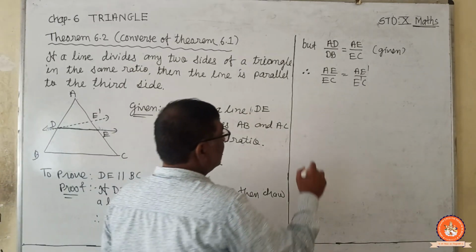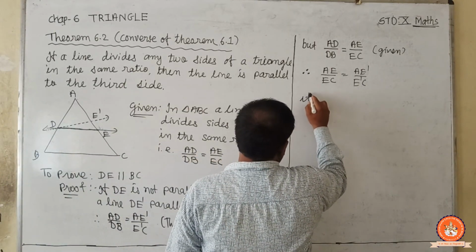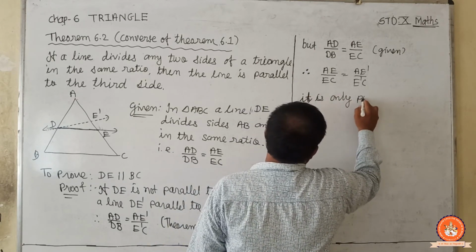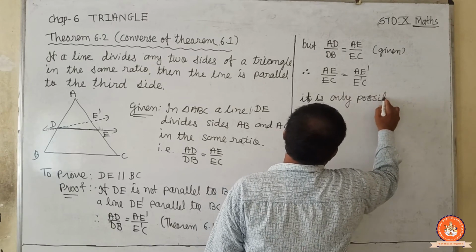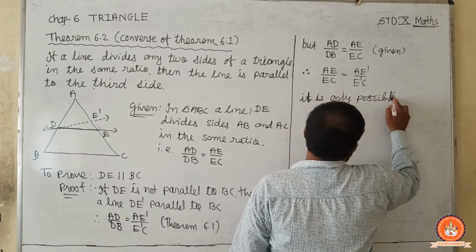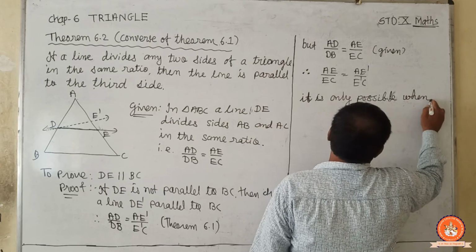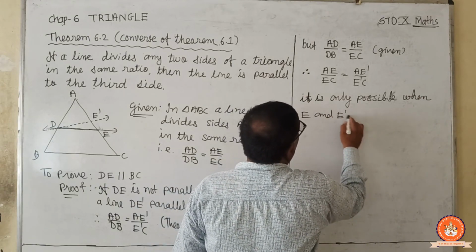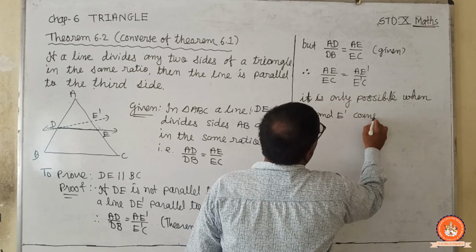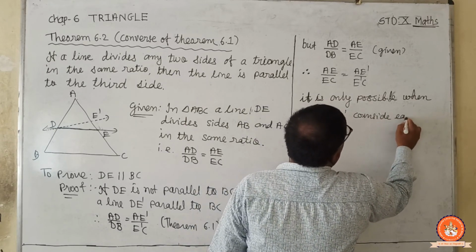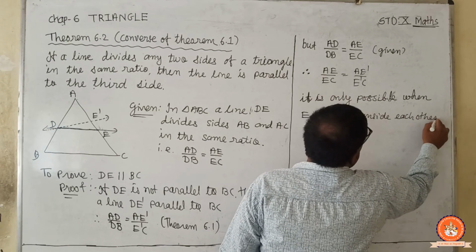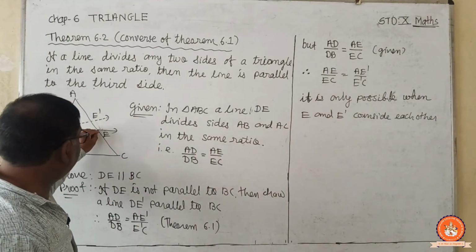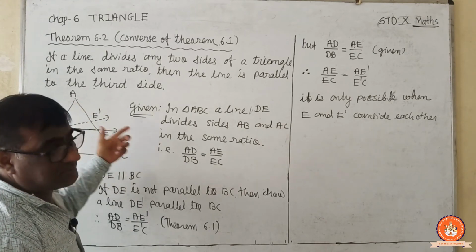It is only possible when E and E dash coincide with each other. If E dash and E are both at the same place, then and only then it is possible.